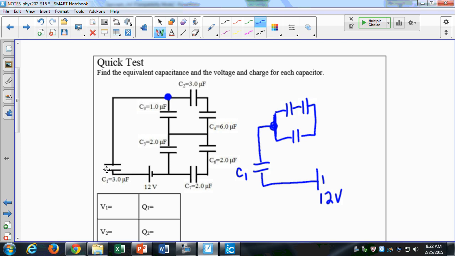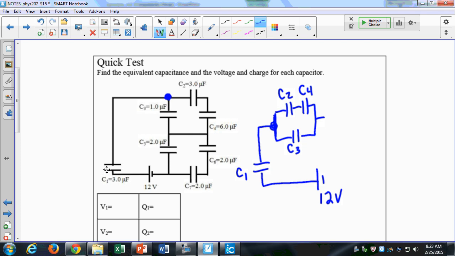I'm going to go ahead and fill these in. What's my next branch going to look like?